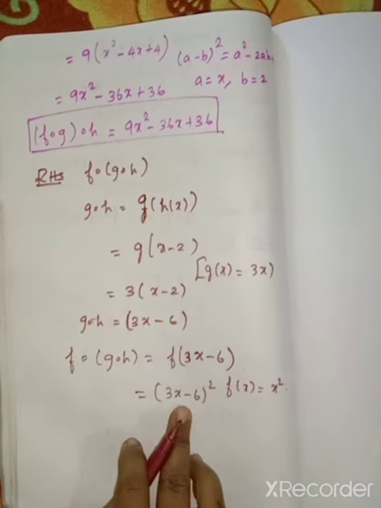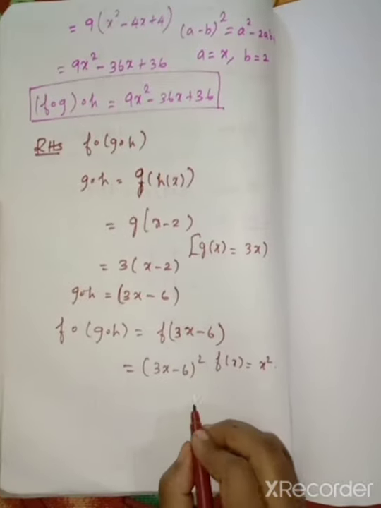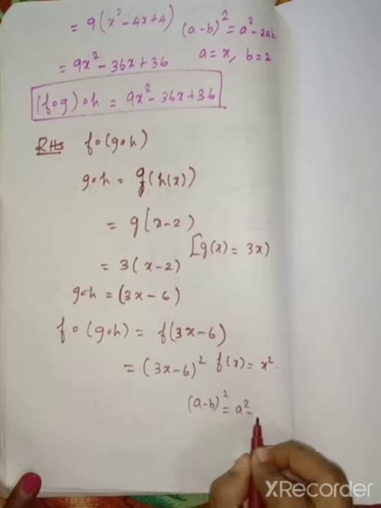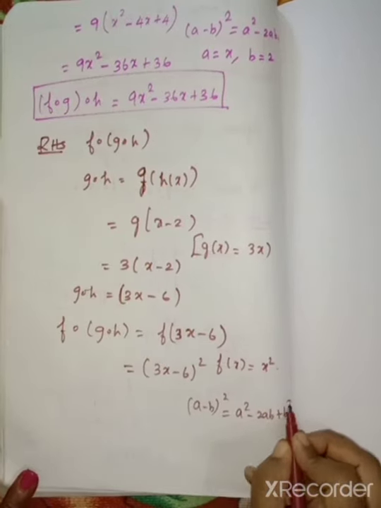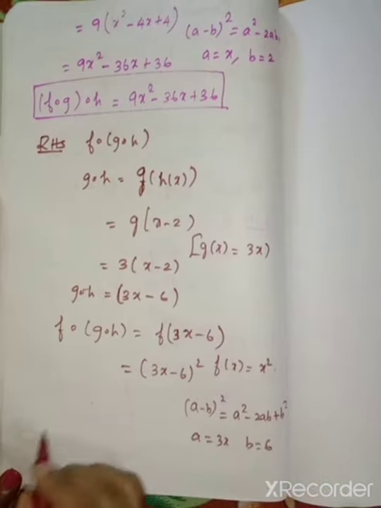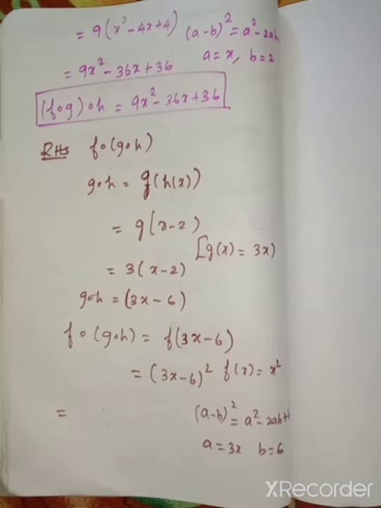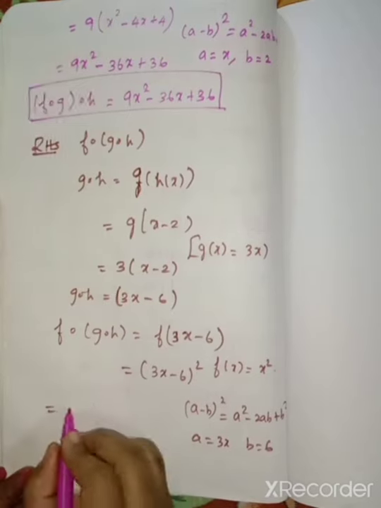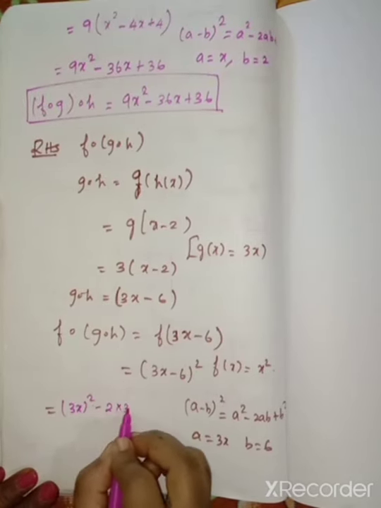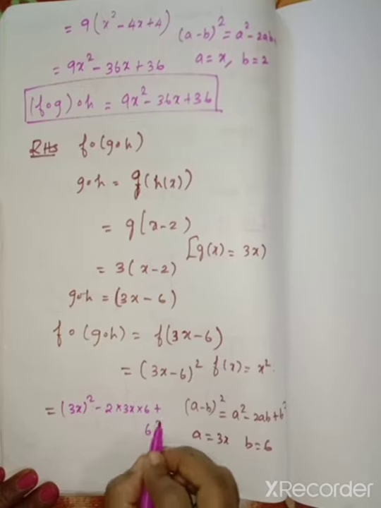Now we can use the same formula, a minus b the whole square, that means a square minus 2ab plus b square. Here a is 3x, b is 6. So now we substitute: 3x the whole square minus 2 into 3x into 6 plus 6 squared.